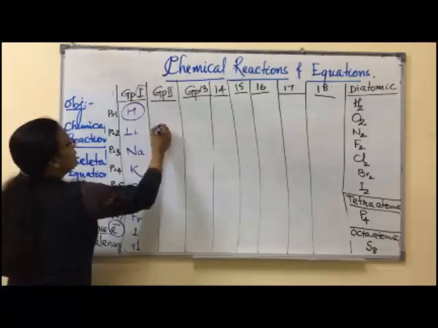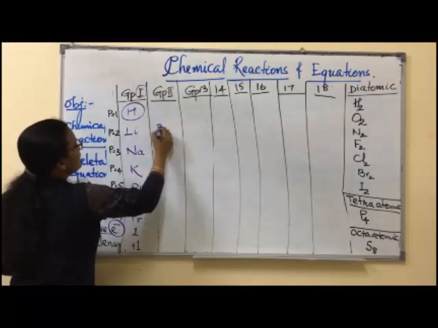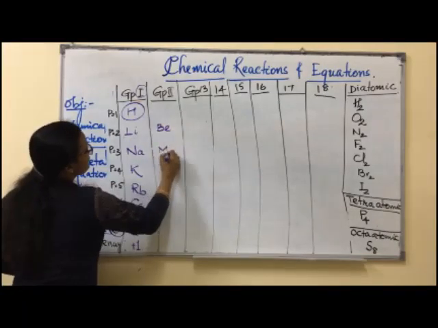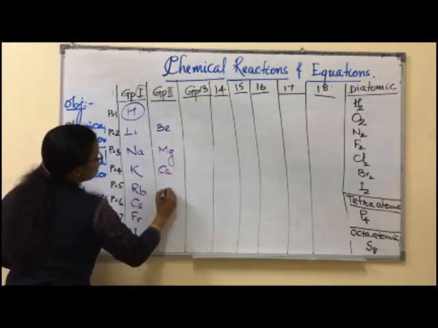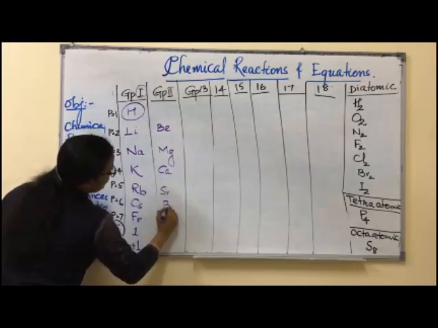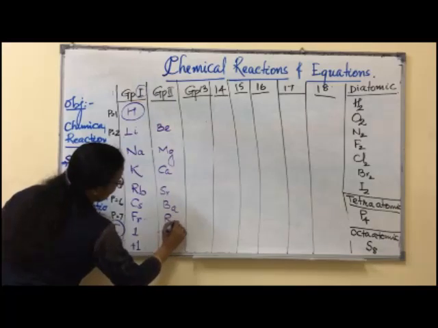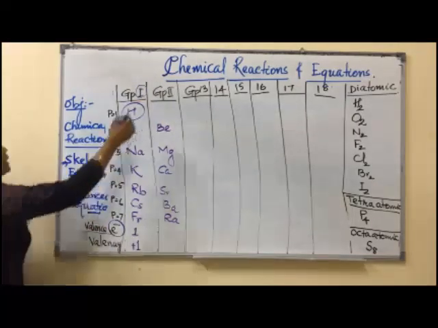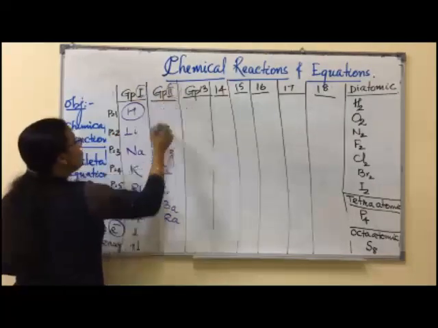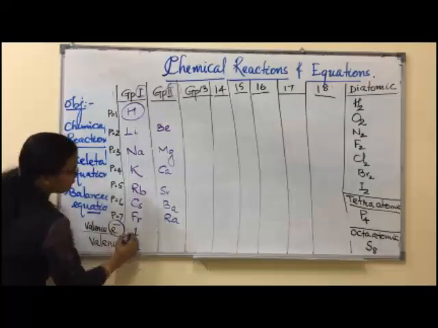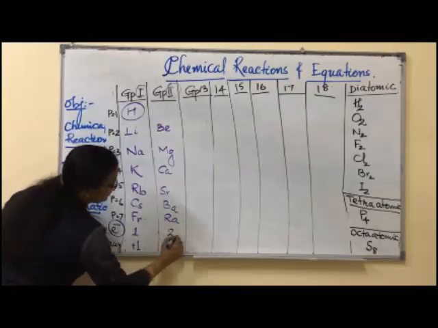And in group 2 the elements are beryllium, magnesium, calcium, strontium, barium and radium. These elements are in group 2. As it is in group 2, the number of valence electrons is also 2.